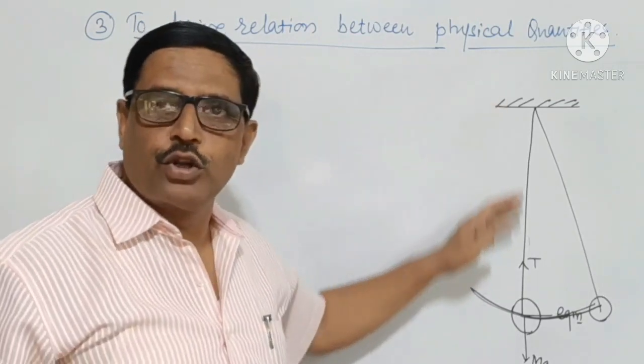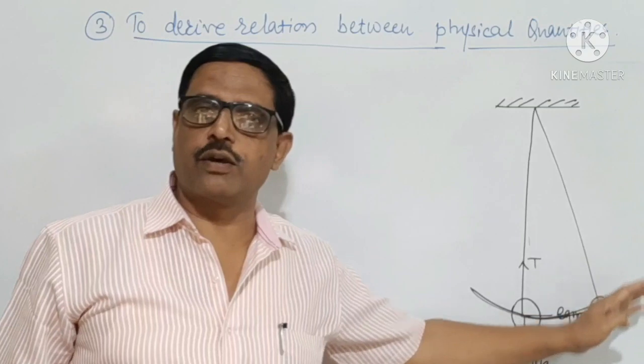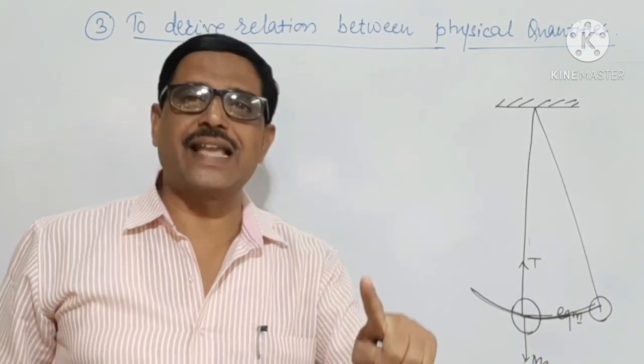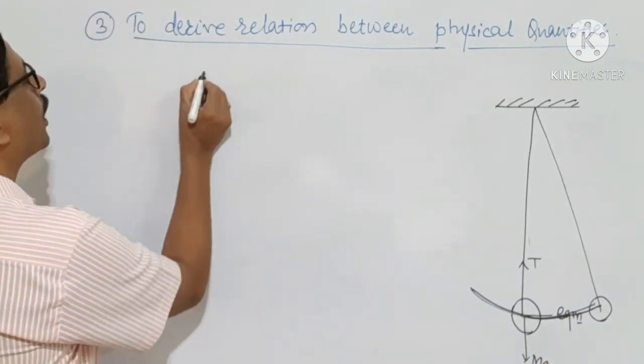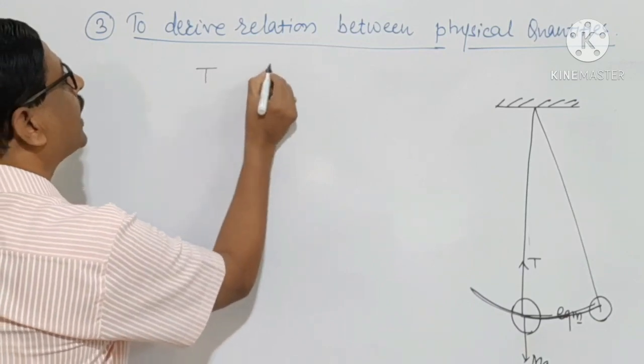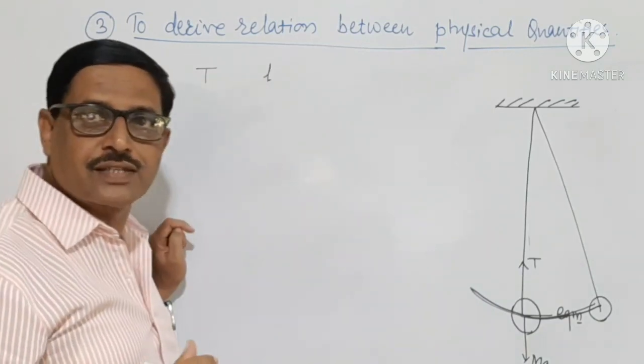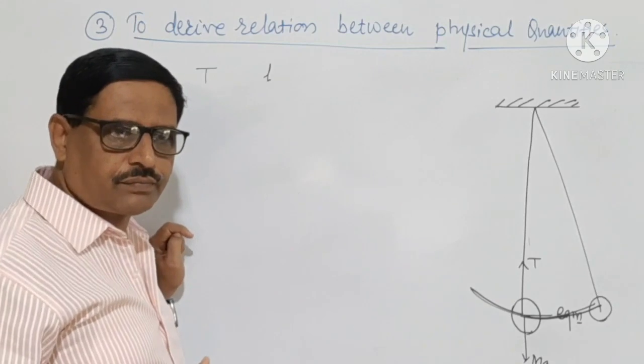The time required by the pendulum to complete one oscillation is the period of the pendulum, and we say that the period of pendulum depends on the length of the pendulum. The question arises, how is it so?